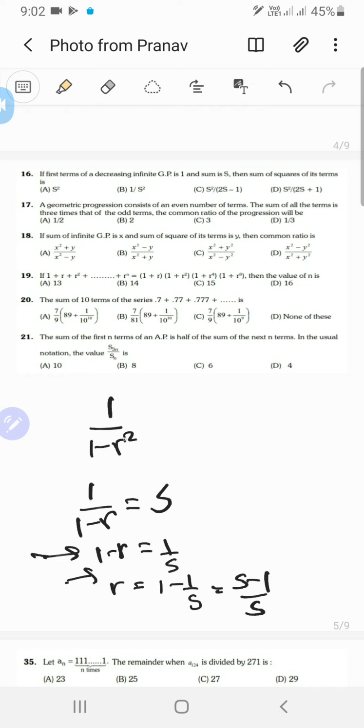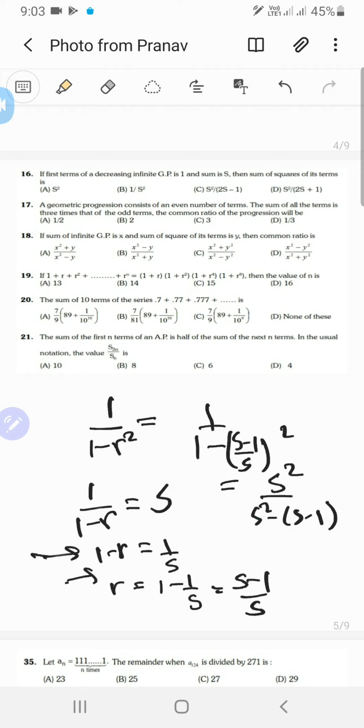Just put this in this quantity, so you get 1 upon 1 minus s minus 1 upon s squared, which is s squared upon s squared minus s minus 1 squared. That's going to be 1 into 2s minus 1, so s squared upon 2s minus 1. Which option is that? Yes, this one, that's correct.